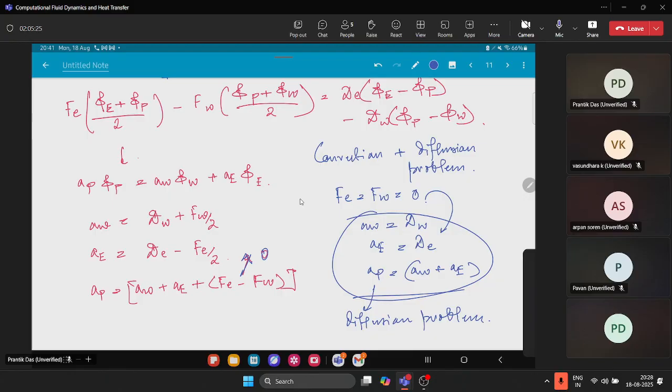If it's a convection equation, I will consider AW and AE to be this, and AP is AW plus AE plus Fe minus Fw. If it's a diffusion equation, then I will go with this one. You can use an if statement or a switch case to change the values of AE and AP, and this will automatically change the equation you are solving. That's the advantage of expressing in terms of AP, AW, and AE.